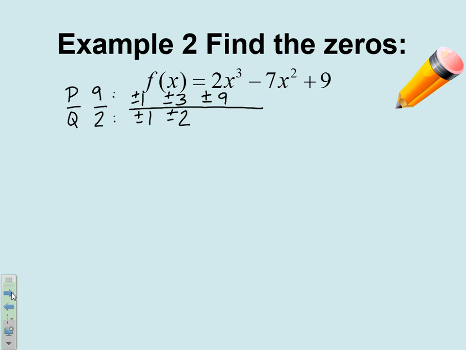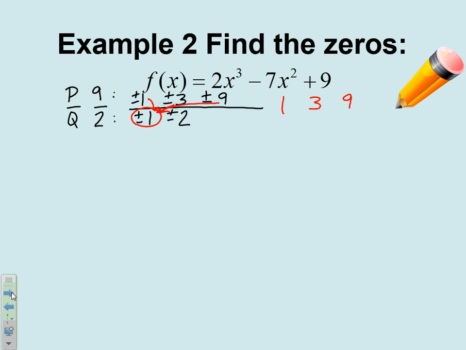So using this, we can now generate a list of possible hints for us to use. So first we're going to divide everybody on top by 1. 1 divided by 1, you get 1. 3 divided by 1 is 3. 9 divided by 1 is 9.